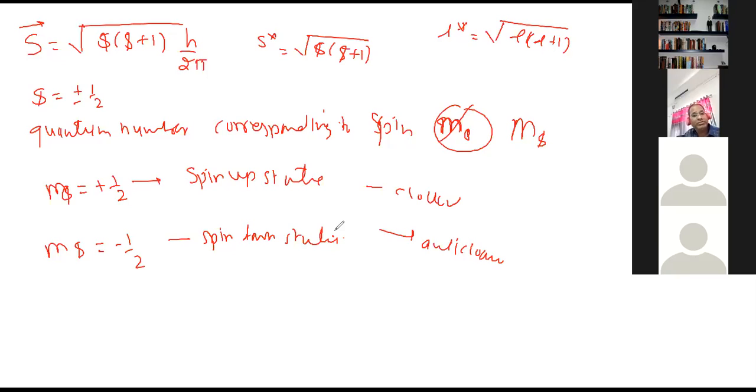Okay, so this is all about the spin quantum number, which is ms. This spin quantum number is an intrinsic property, remember. Intrinsic property means it has two values only. Either it is plus half or it is in minus half direction.